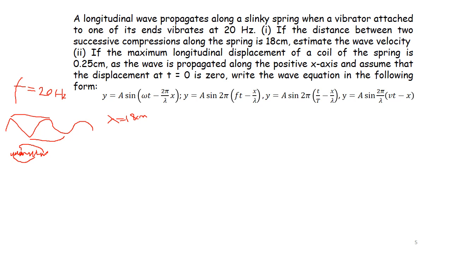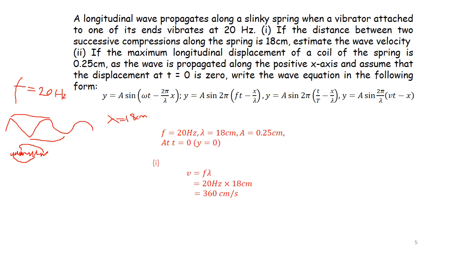Okay, now to the velocity. So very easy. Now that you have f, you have lambda. The velocity is v equals f lambda. Is that not? So straight away you get your answer.